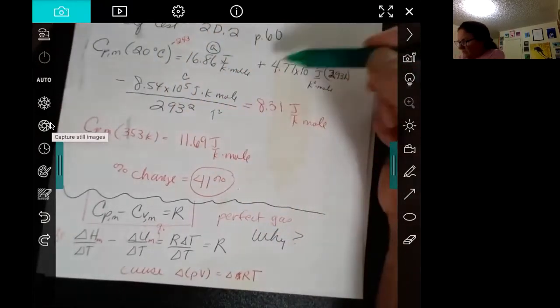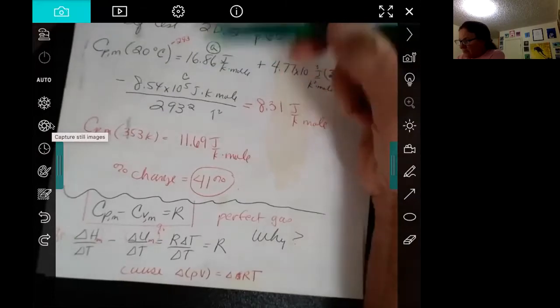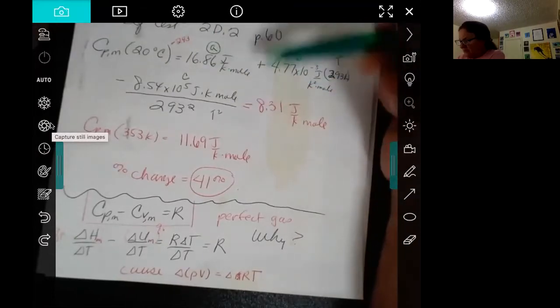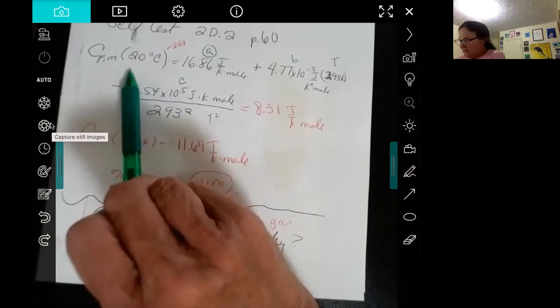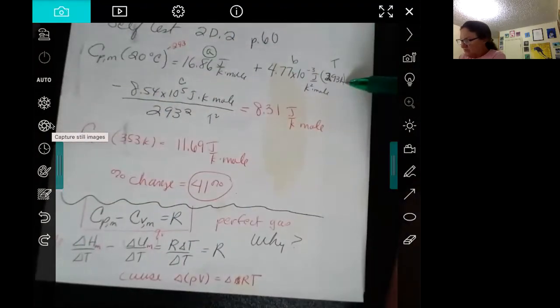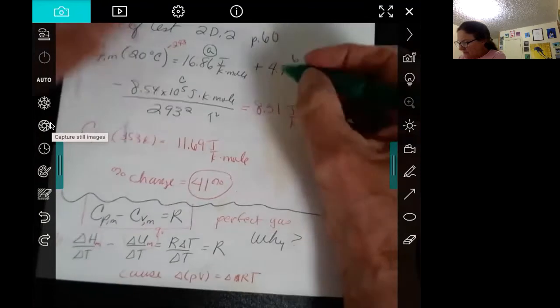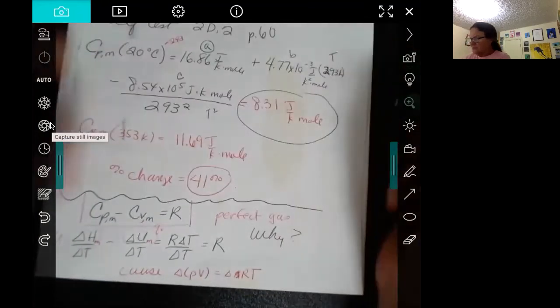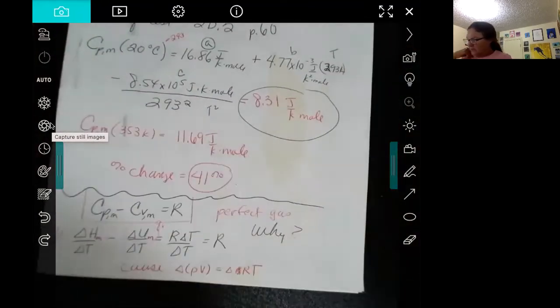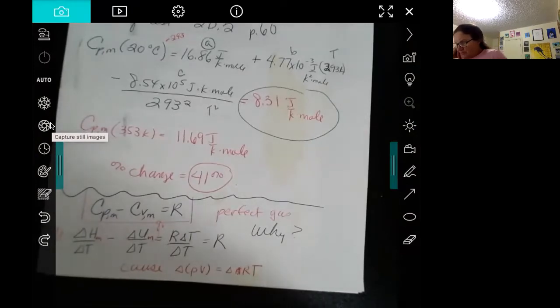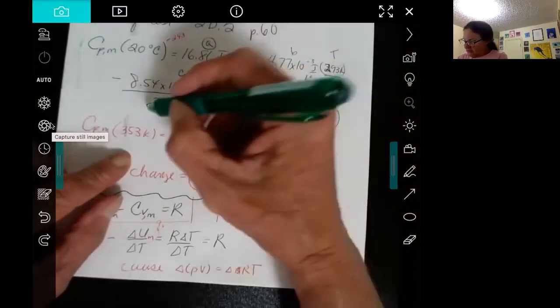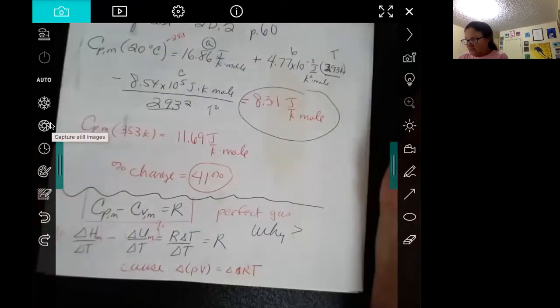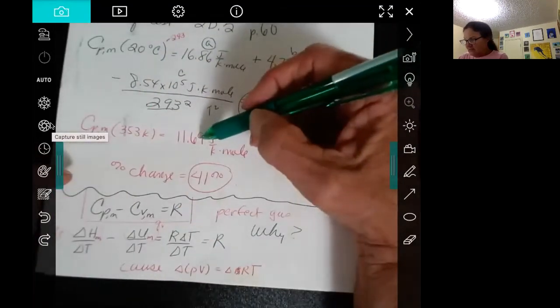So A plus B times T plus C over T squared is my heat capacity. So if I calculate it first at 20 degrees, putting in 20 degrees in Kelvin, I get a heat capacity at 20 degrees of 8.31 joules per K mole. If I simply replace the 293 with 353, which is 80 degrees, I get 11.69.